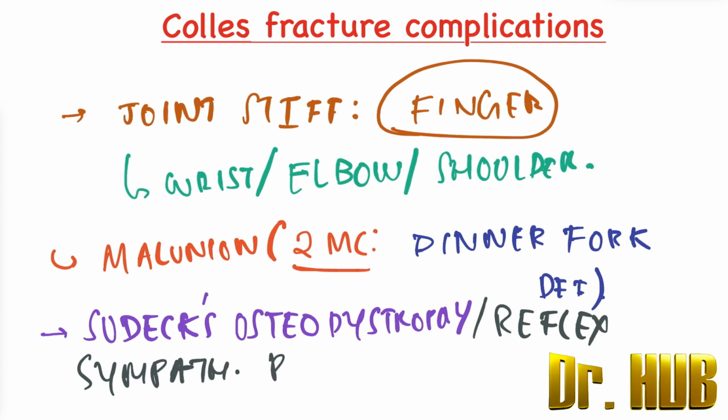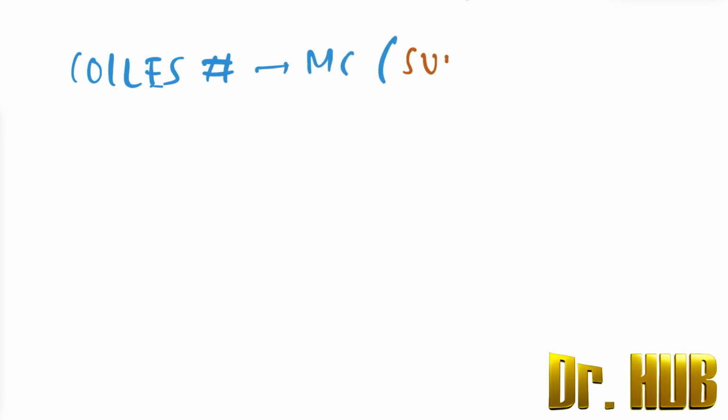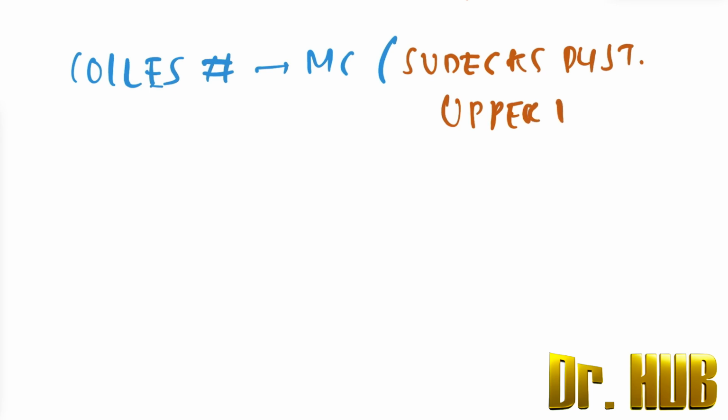The Colles fracture is the most common cause of the Sudeck dystrophy in the upper limb.